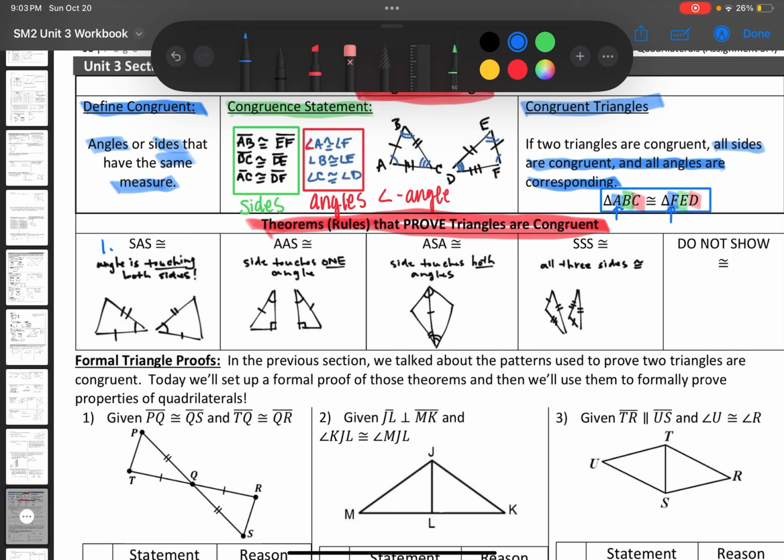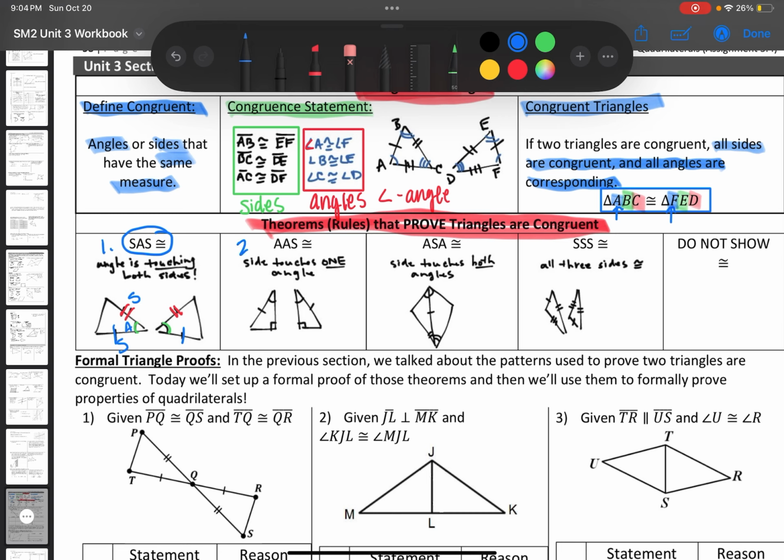In this example, this side and this side are congruent, these two sides are congruent, and these two angles are congruent. When we look at the order, this shows side, angle, side.